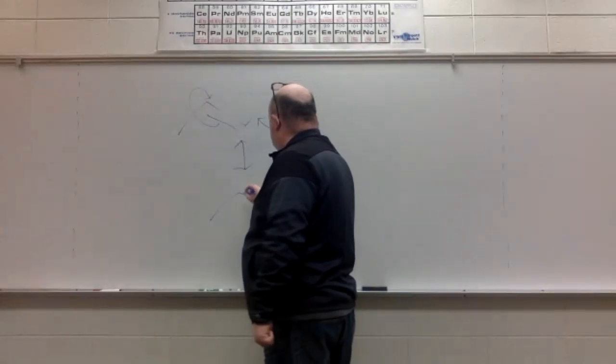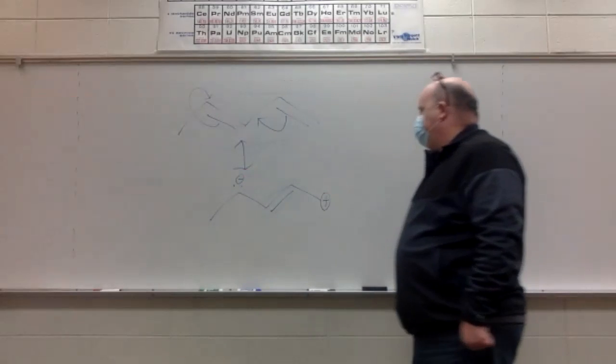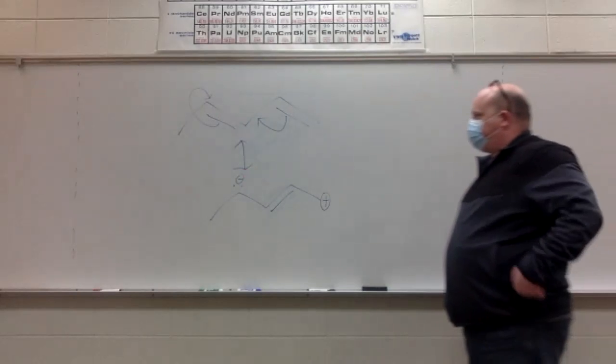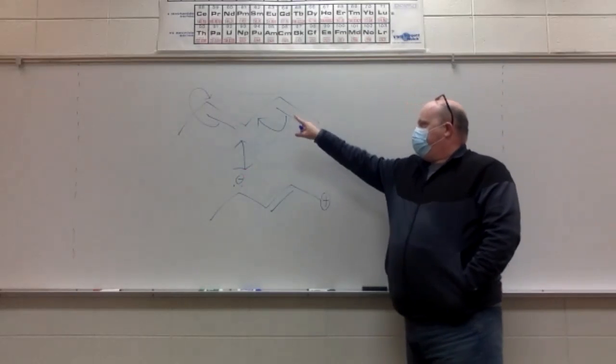That would give you a resonance structure. It's kind of funny looking, right? But it does exist, and it does show you that the electrons can spread out. This one has a positive charge because they're taking electrons away from it.